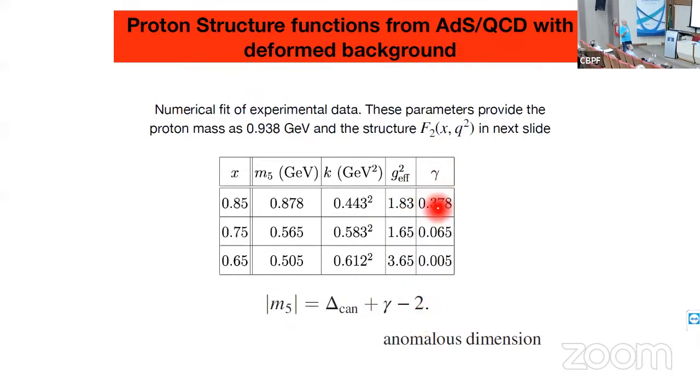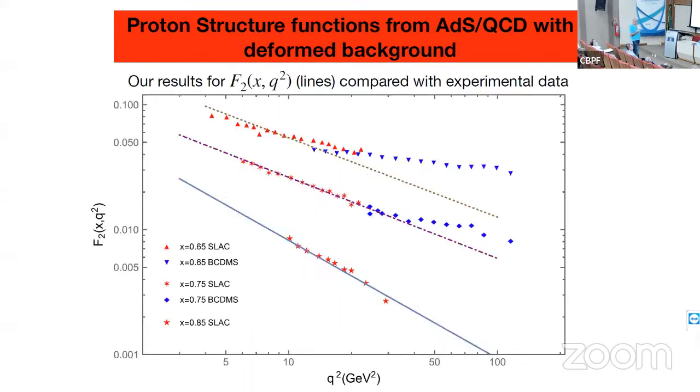This is a little bit high, but we need that. So this is the comparison with experimental data for 3 values of x. This is the F2 structure function. F1 we can obtain in the sequence.